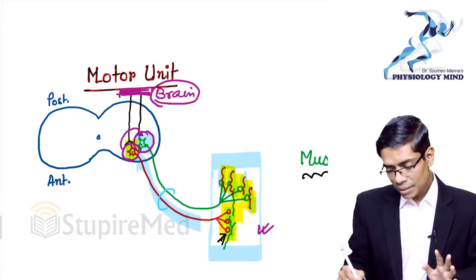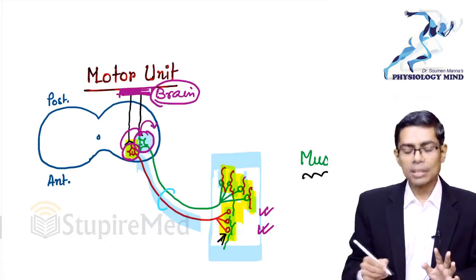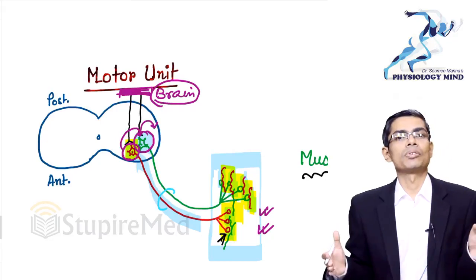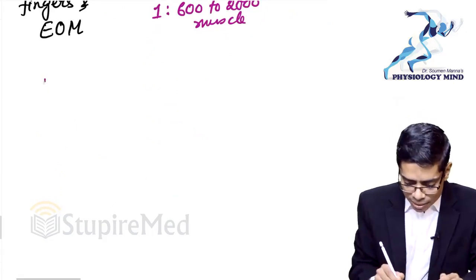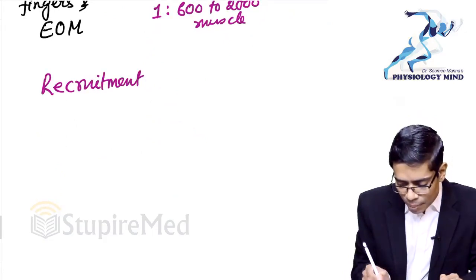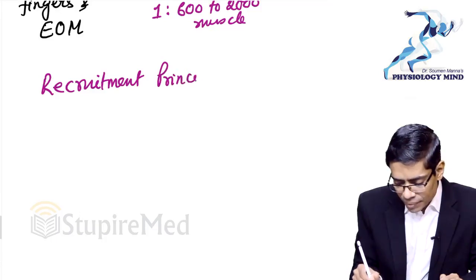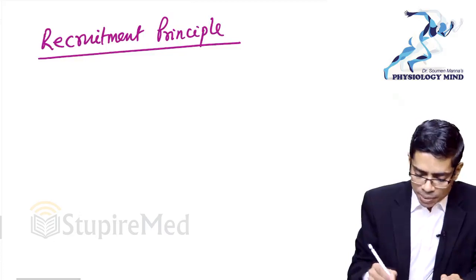And if the job is done, again nothing more. But again, if required, it will activate the largest motor unit in our body. So this is known as the recruitment principle of motor units.